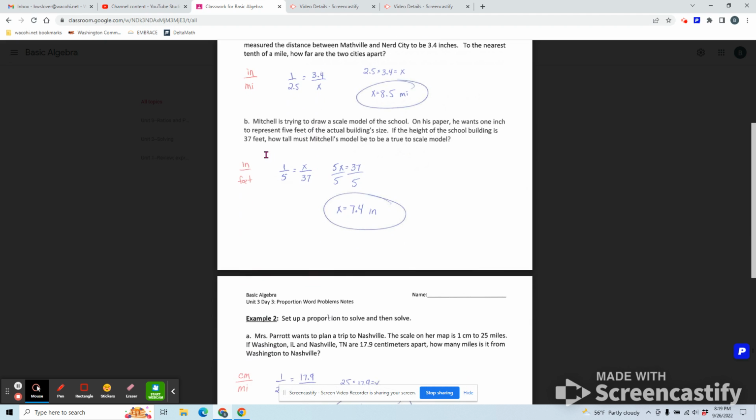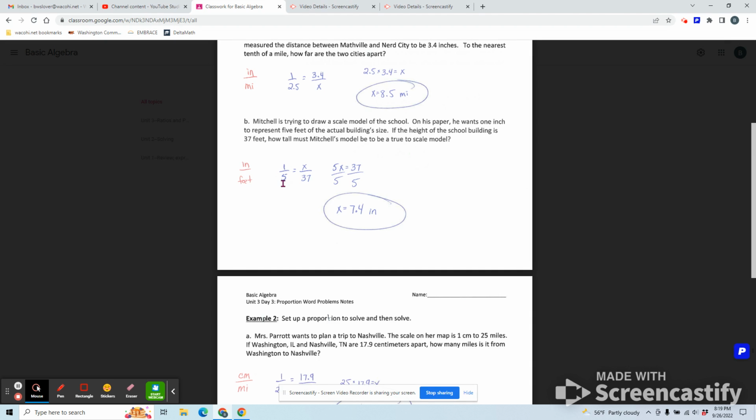The second one: Mitchell is trying to draw a scale model of the school. On his paper, he wants 1 inch to represent 5 feet of the actual building size. If the height of the school building is 37 feet, how tall must Mitchell's model be to be a true scale? Once again, maybe underline your important information, highlight it. We're talking about inches and feet. So that's my ratio, and that's what I want to set up in my proportion.